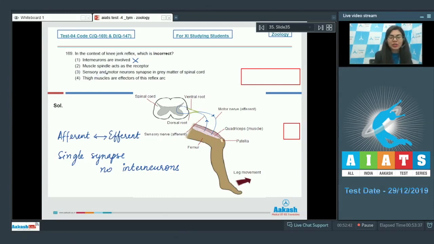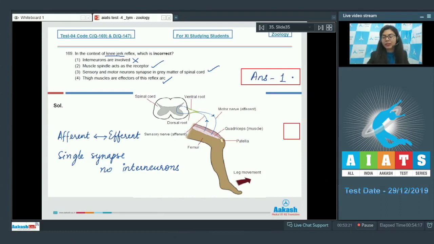Option number 3, sensory and motor neurons synapse in gray matter of spinal cord. This is also correct. Option number 4, thigh muscles are effectors of this reflex arc. This is also right. In this patellar reflex, a kicking response is seen, which is also known as knee jerk. So the right answer here would be option number 1 because that is incorrect.